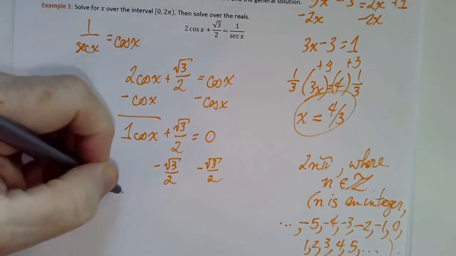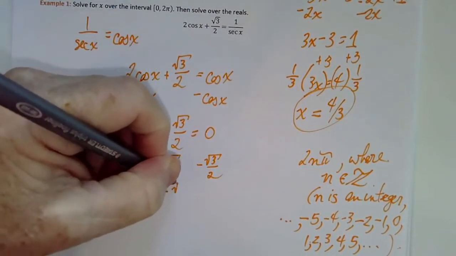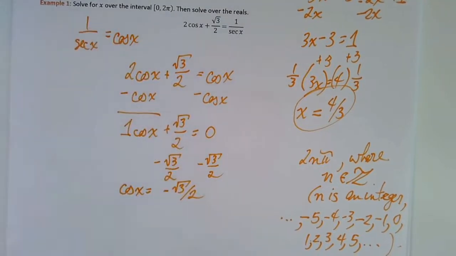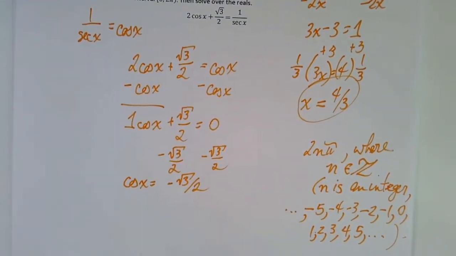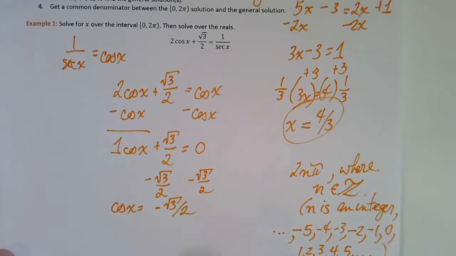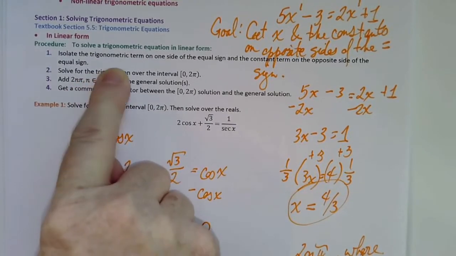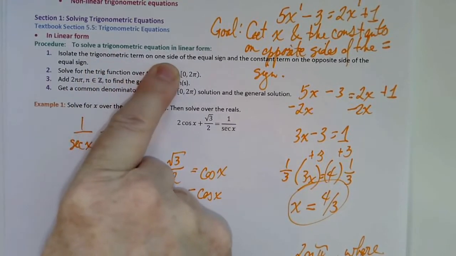So now I get cosine of x is equal to negative square root of 3 over 2. Oh, that's nice. I've solved the equation for the trig function. I got it by itself.